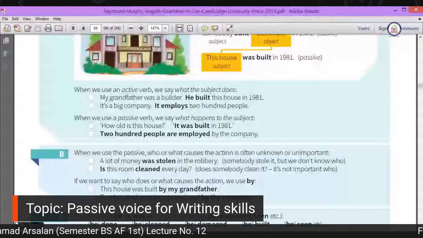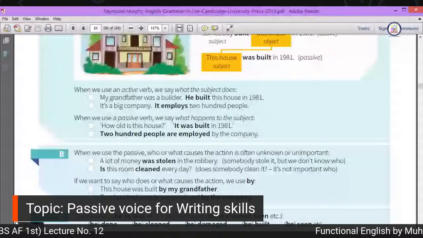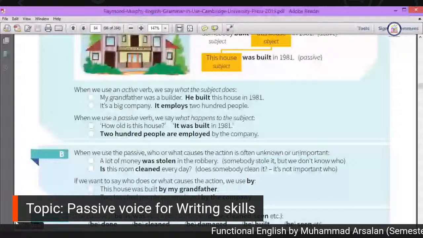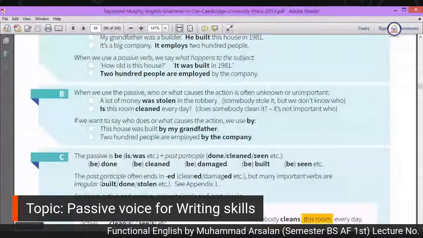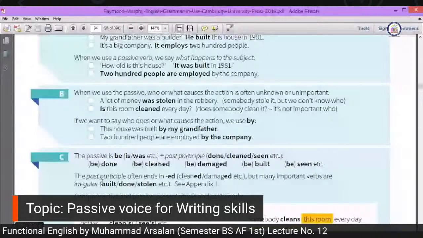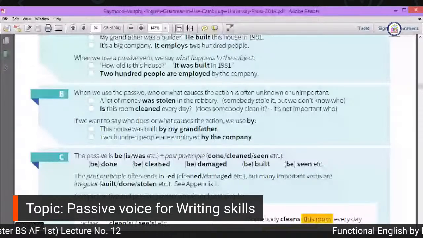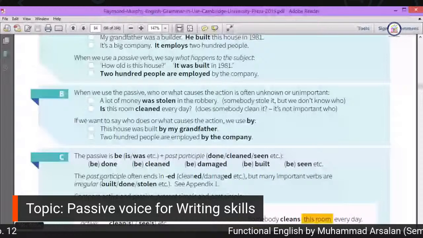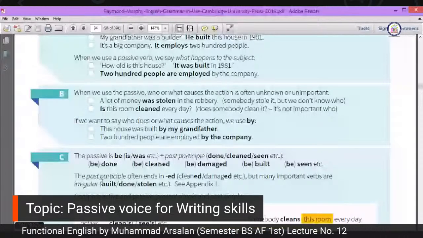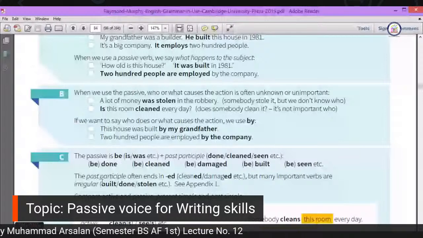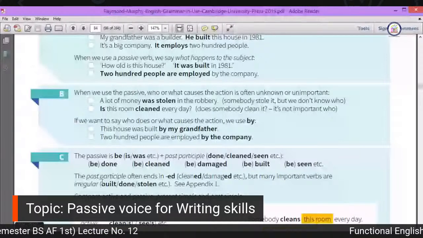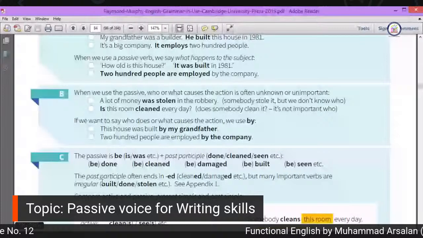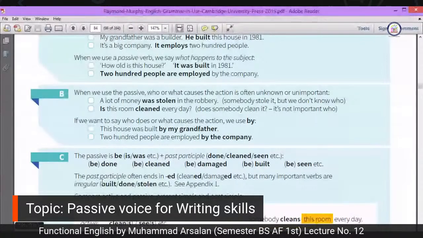Now if we see the examples, we use the passive when who or what causes the action is often unknown or unimportant. A lot of money was stolen in the robbery. We don't know who the robbers are, but we are actually talking about a lot of money.